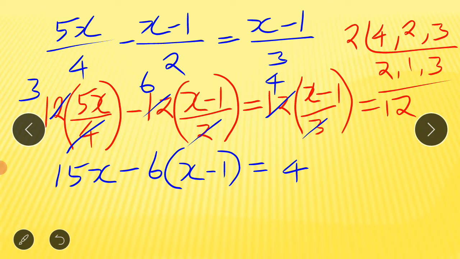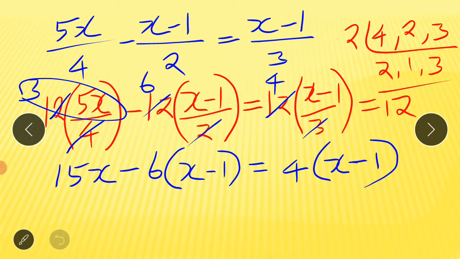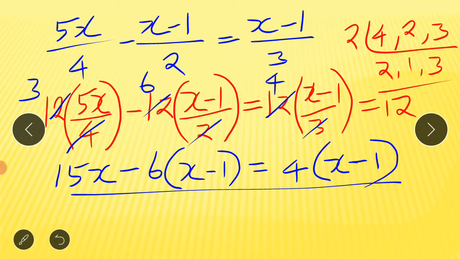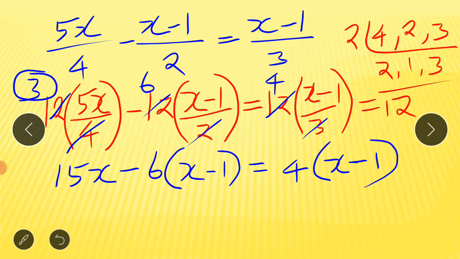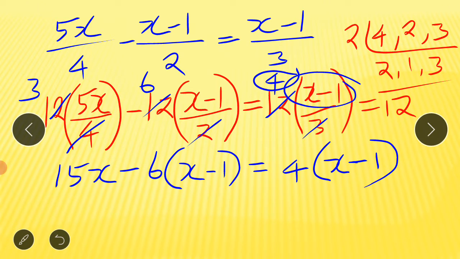We are multiplying the numerators because all the denominators became 1. So now we have this step: 15x minus 6 into (x − 1), which we write in brackets because of 2 terms, equal to 4 into (x − 1).